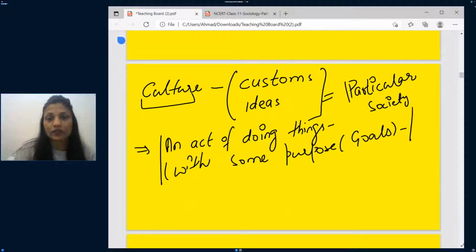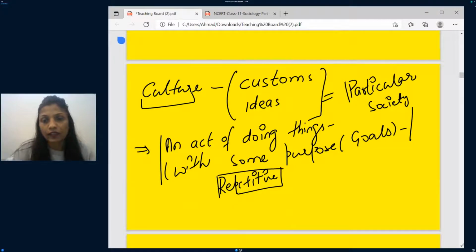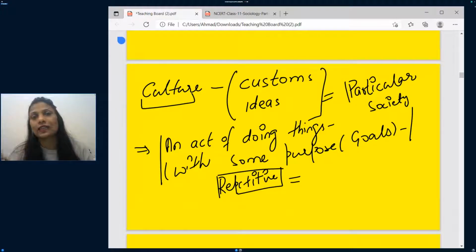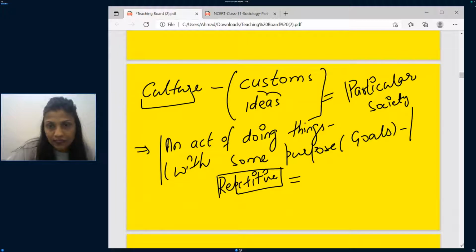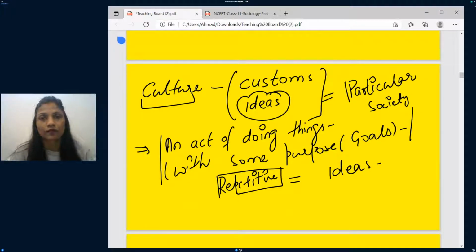And it is repetitive. We do it again and again. So it means that we do certain actions according to some ideas, this is the key term, and with those ideas, we repeat that action over a period of time.